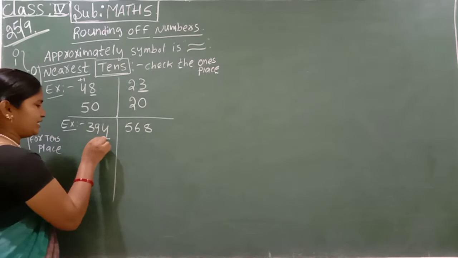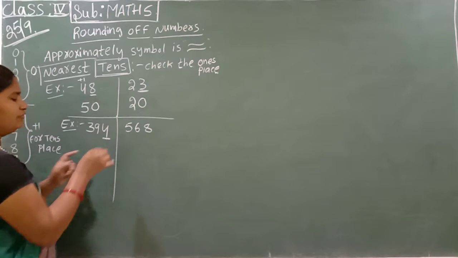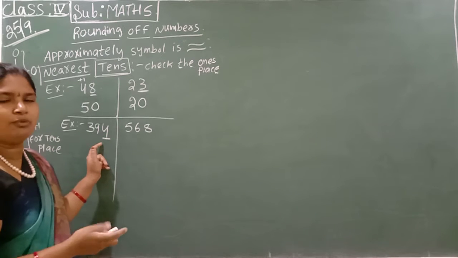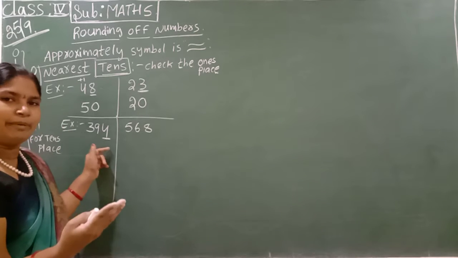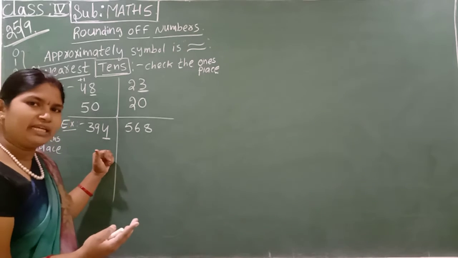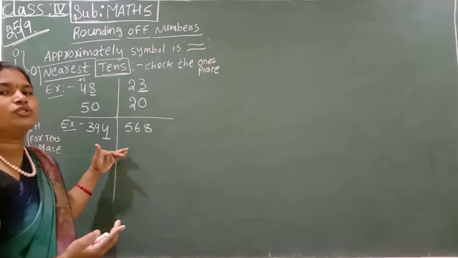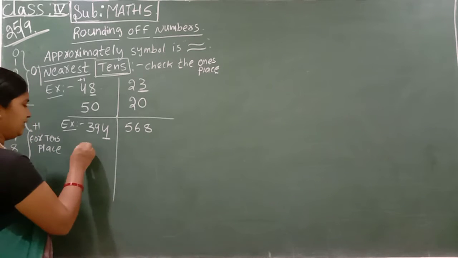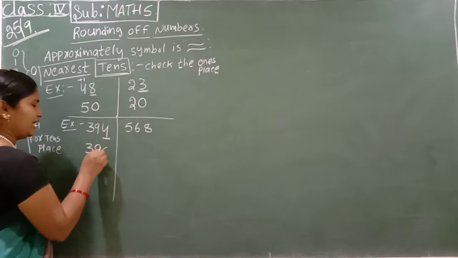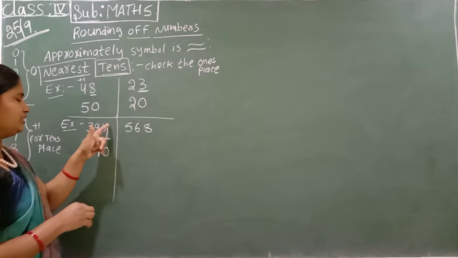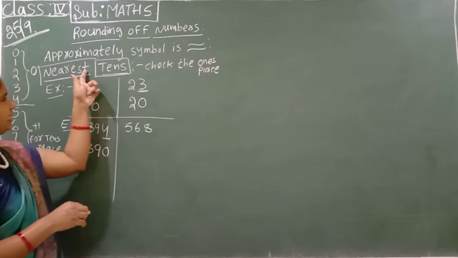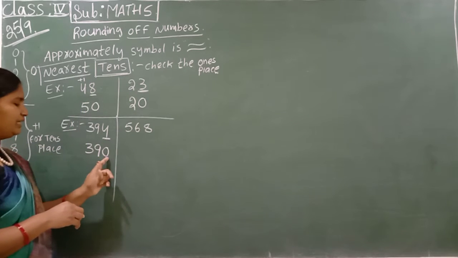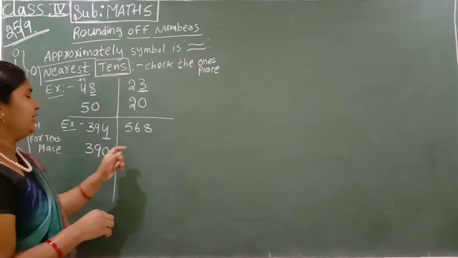Which number do we have in the ones place? 4. Compared to 5, is it small or big? Small number. So you should keep 0 in the ones place directly. So the answer is 390. The underlined digit becomes 0, because it is the nearest tens.